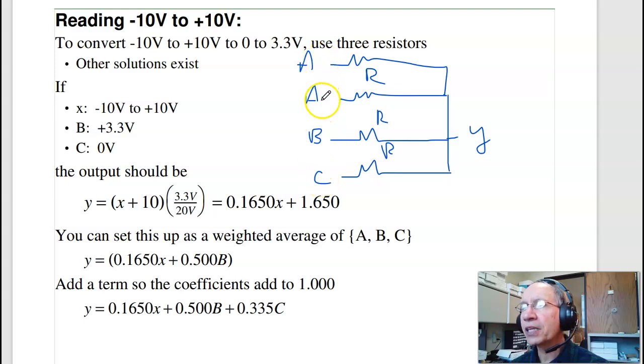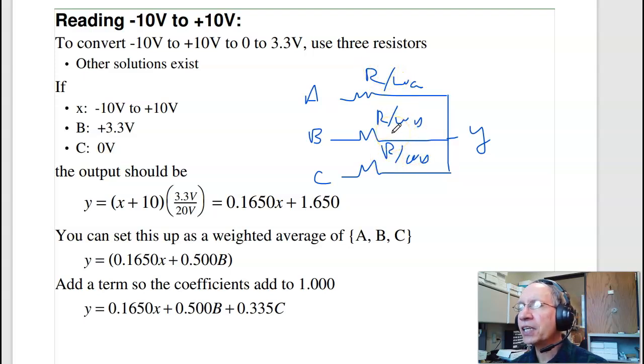When I put 2 together in parallel, that's essentially take R divided by 2. So this is the same circuit. That is a 2. Doesn't look like it. Or in general, what I can do if I want to have a weighted average, this is the weighting on A. Here's the weighting on B. Here's the weighting on C. I can do a weighted average just by changing the resistors. So that's kind of the idea.